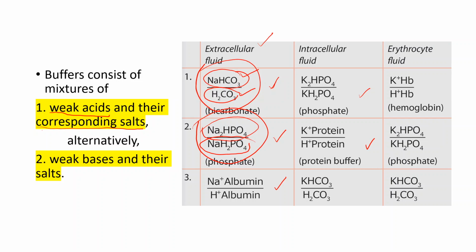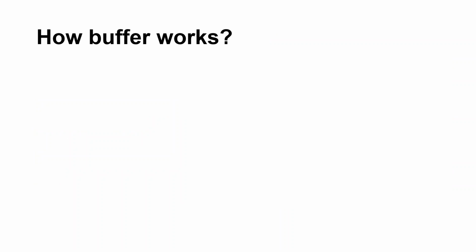There is a bicarbonate buffer as well, but the contribution is very little in the intracellular medium. In the erythrocyte, there is a slight difference. Hemoglobin, since it is the major protein in the erythrocyte, becomes the major contributing buffer, and thus phosphate buffer gets the second place, and the third is the bicarbonate buffer.